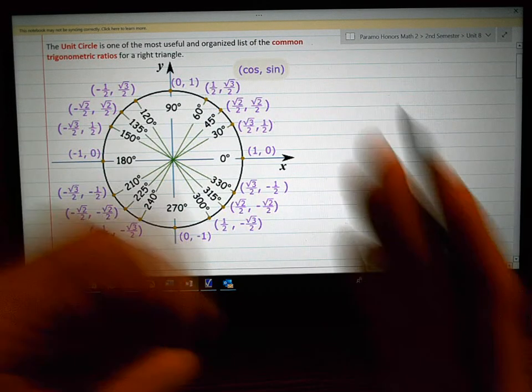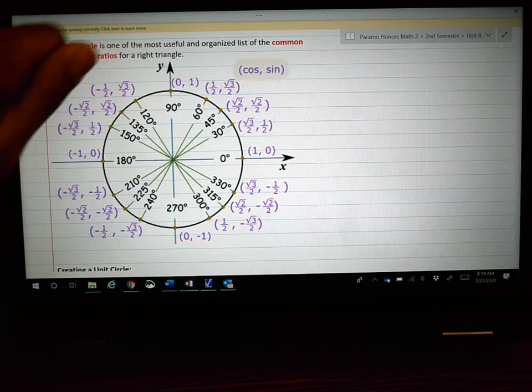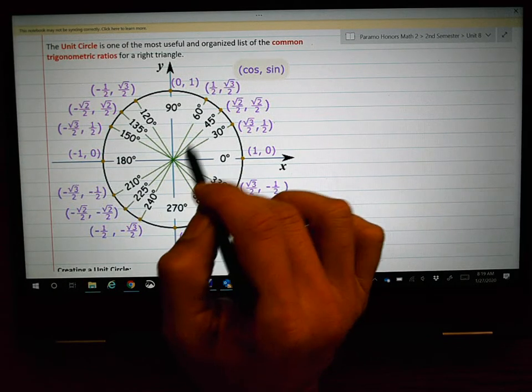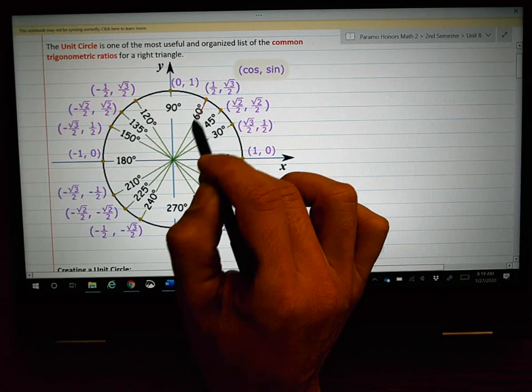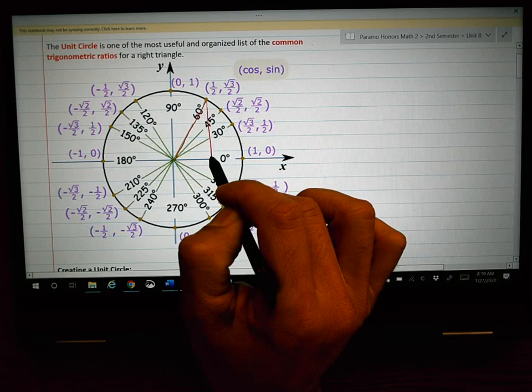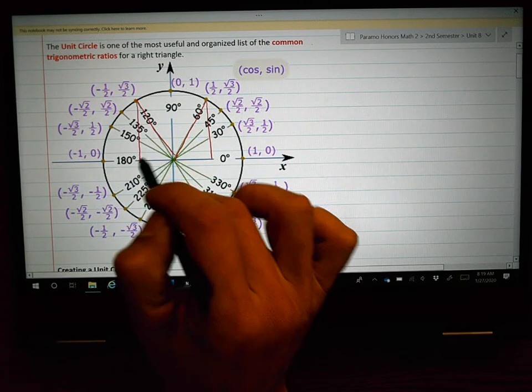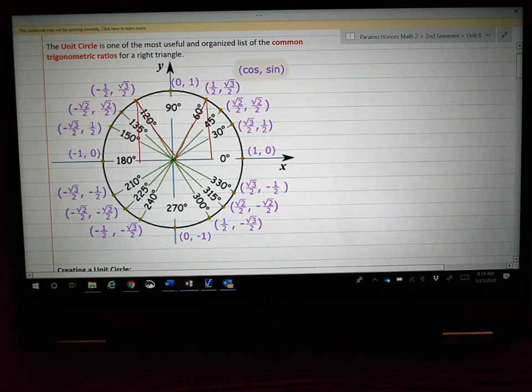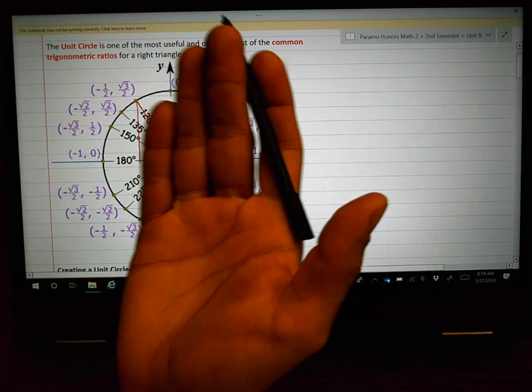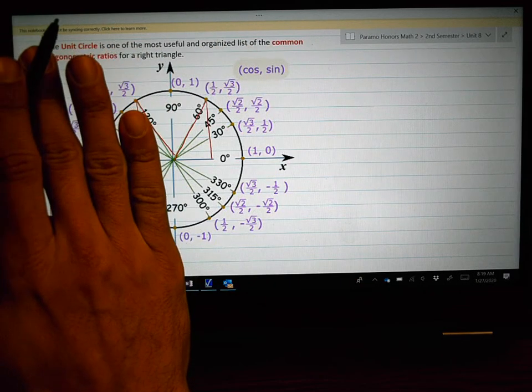And so if we were to keep going, you would notice that this 60-degree angle has the same reference angle as the 120-degree angle. It's just the same triangle, just over here.